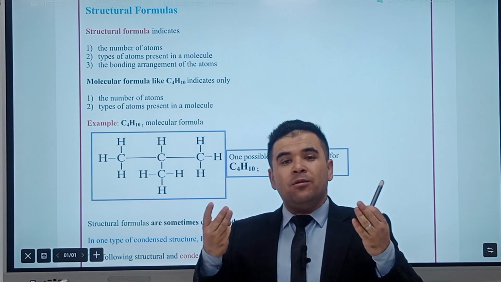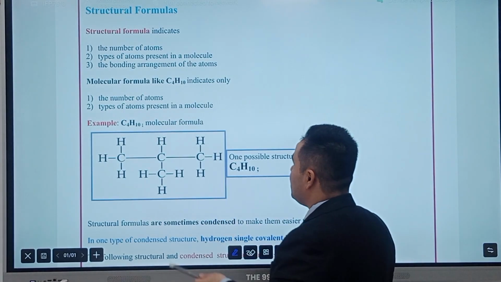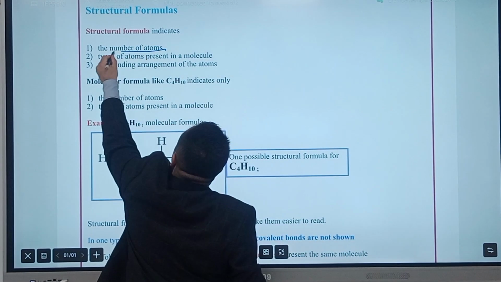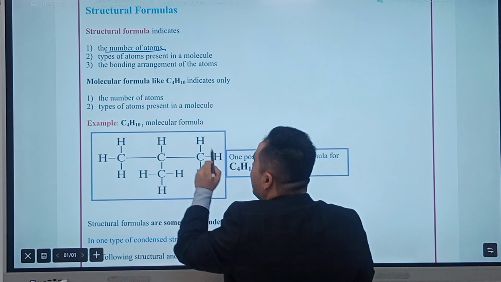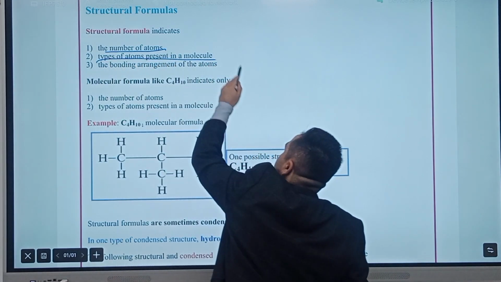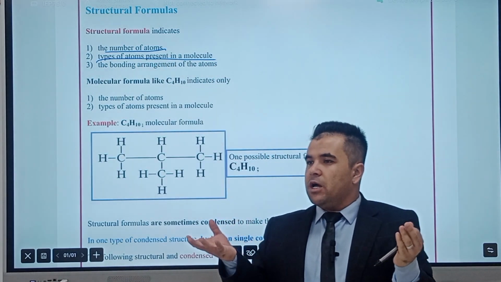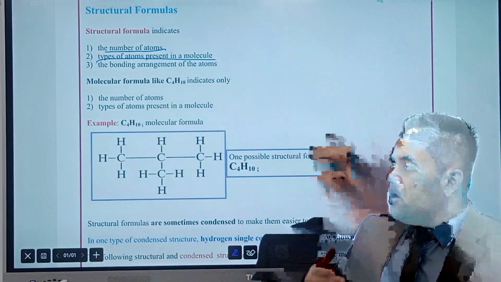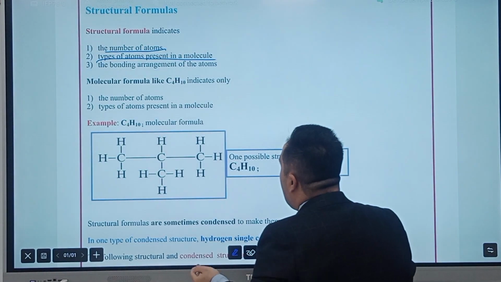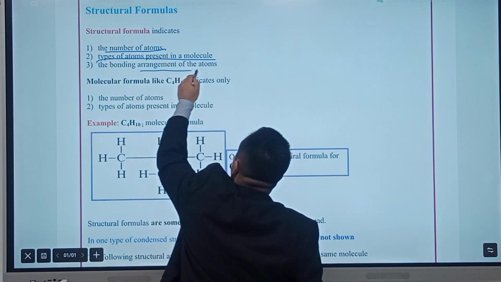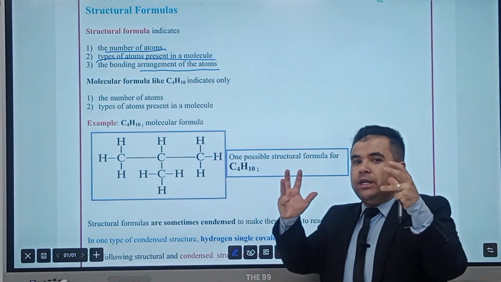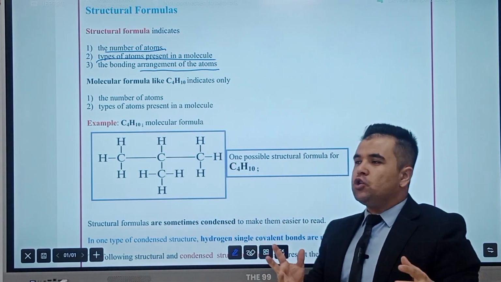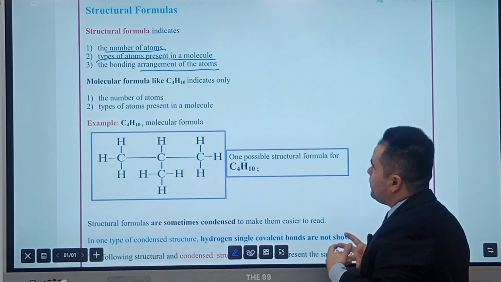Second, the type of the atoms. What are the types? Are they all hydrocarbons, hydrogen with carbon, or are there some other types? And third, the arrangement of atoms, the geometry, the structure of the atoms should be represented.